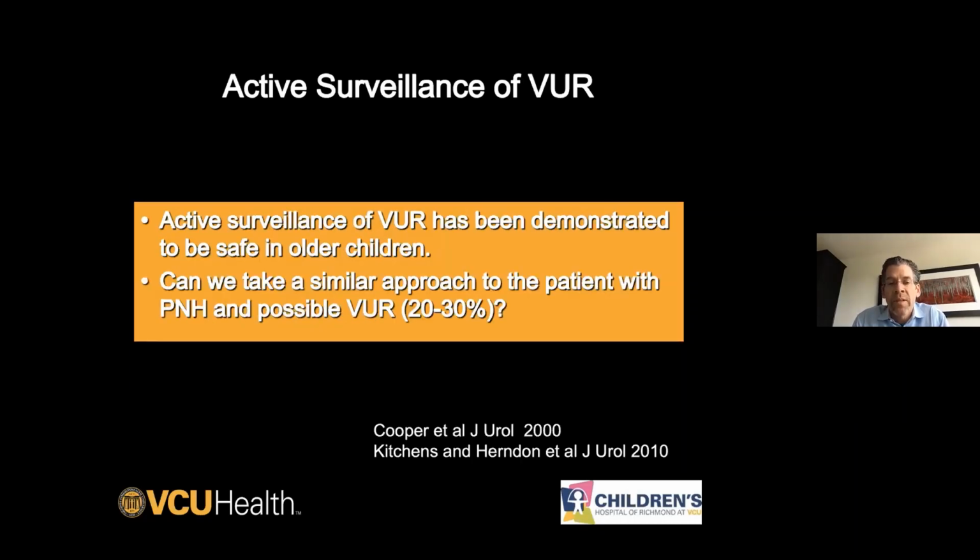So the question is, can we adopt an active surveillance protocol to patients with reflux that we pick up prenatally? We do this similarly in patients that are older and safely. Chris Cooper's published work on this about 20 years ago, and Dave Kitchens and I looked at this with David Joseph about 10 years ago, and it's safely done in girls mainly that have reflux that have been stable on prophylaxis.